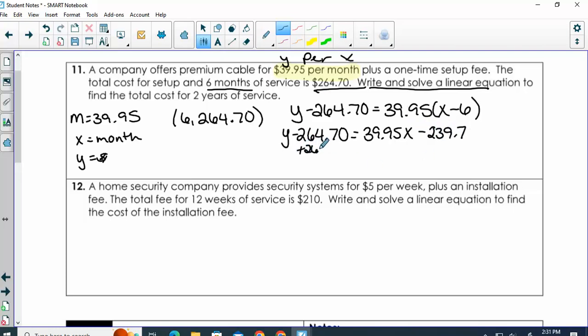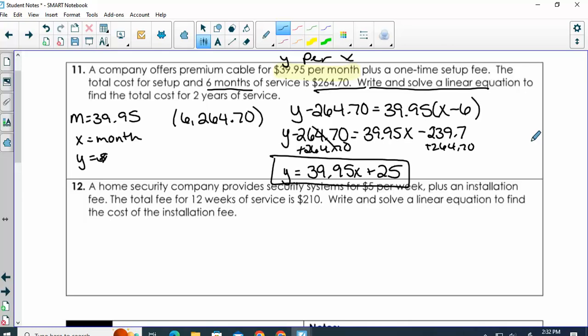Add over the 264.70. So our equation is 39.95x plus 25. Okay. Are we all right with that part?